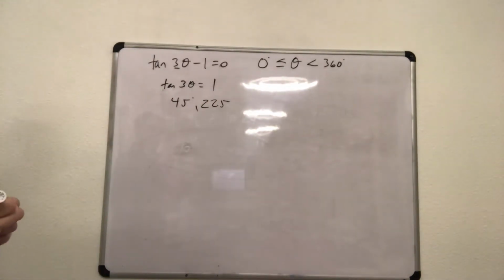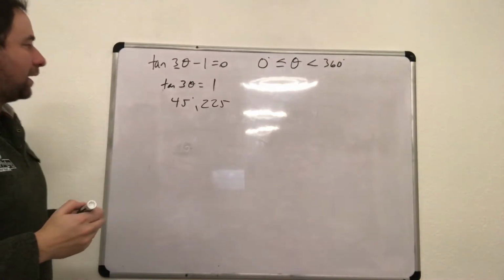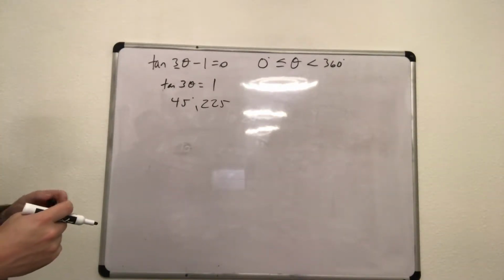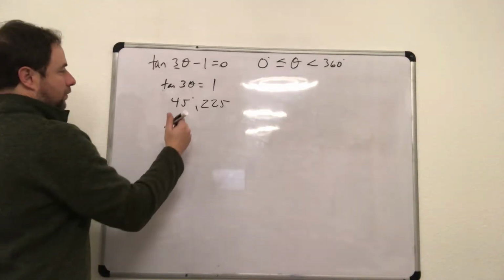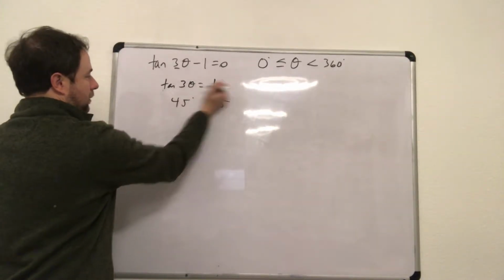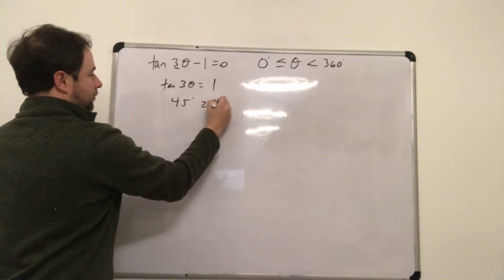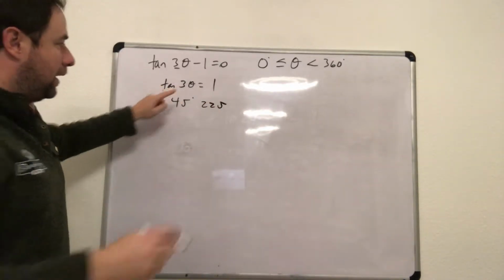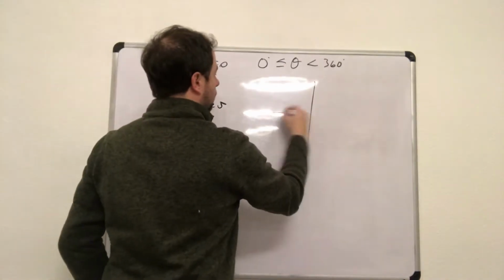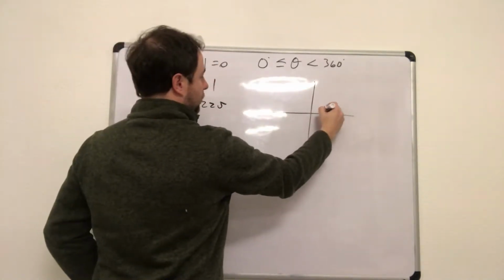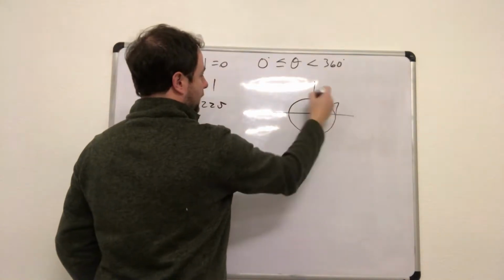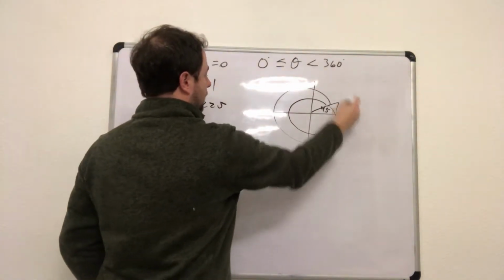Now, because it's 3 times around, we're actually going to get more than just these answers here. So you have 45 degrees, but we're going to go around again, and then around again, and then around again.